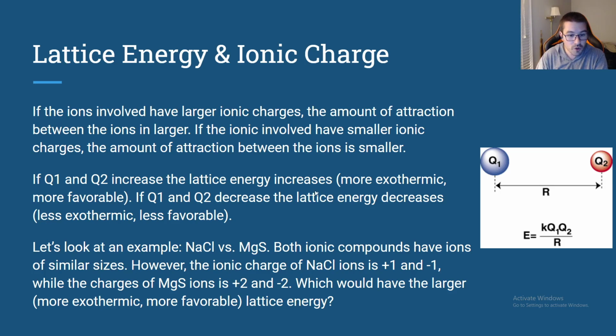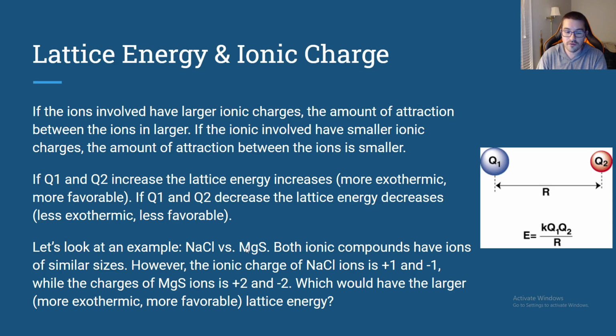So for sodium chloride, that's the +1 -1 situation, it's 786 kilojoules per mole. For magnesium sulfide, which is +2 -2, it's 3,406. So once again, those numbers are 786 for sodium chloride, 3,406 for magnesium sulfide.